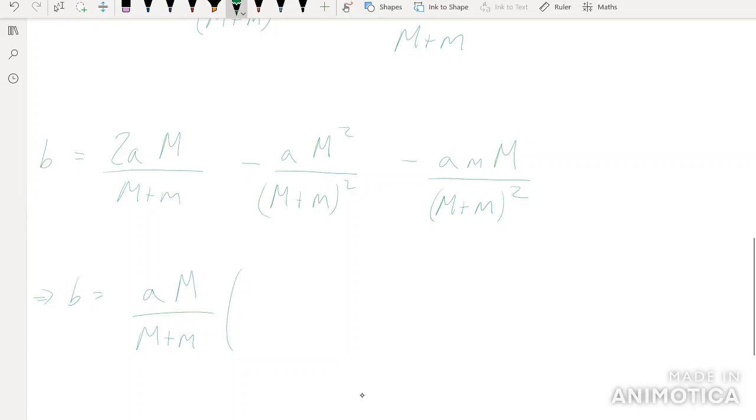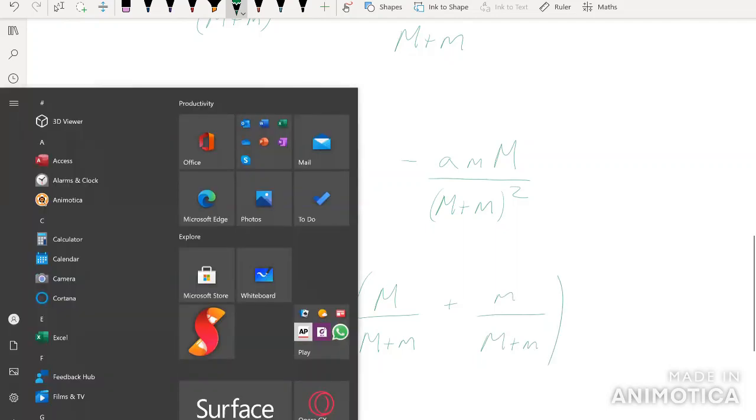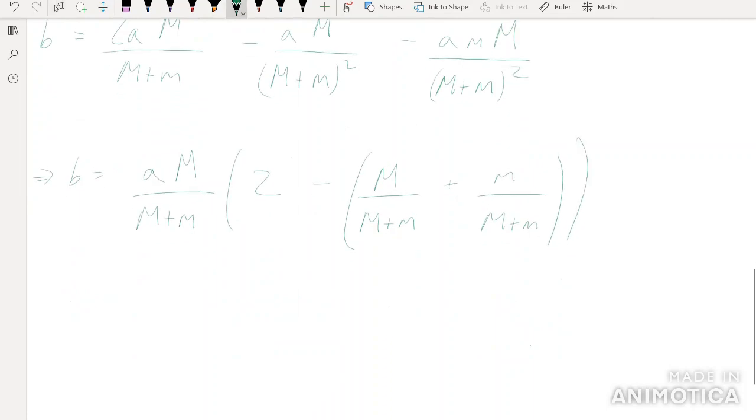Well, we're just left with a 2 minus m over m plus m plus m over m plus m, which looks like we can probably simplify even further. Yeah, that will probably simplify.